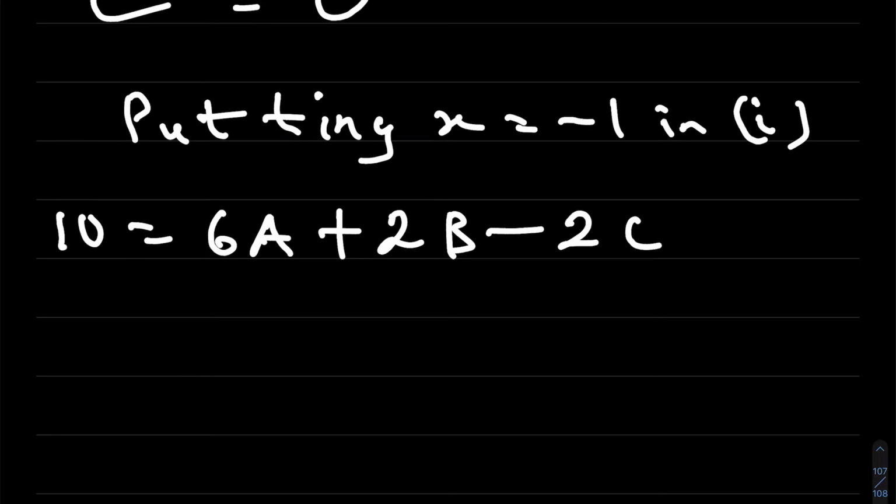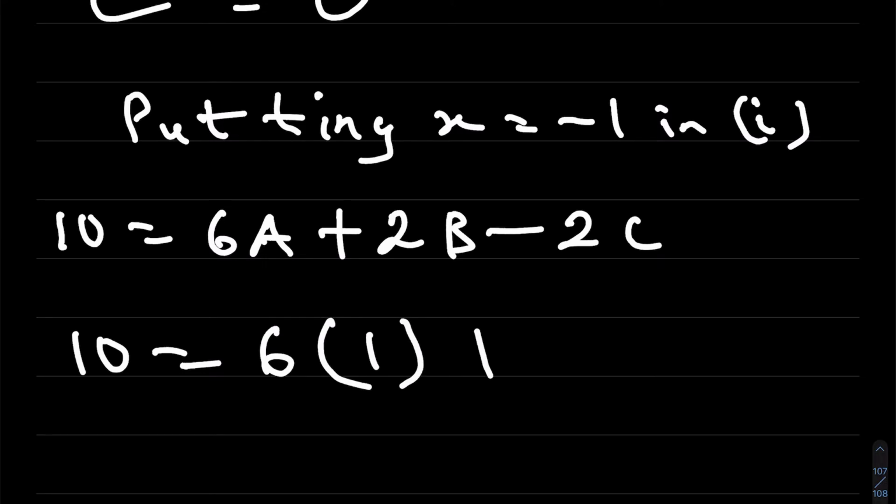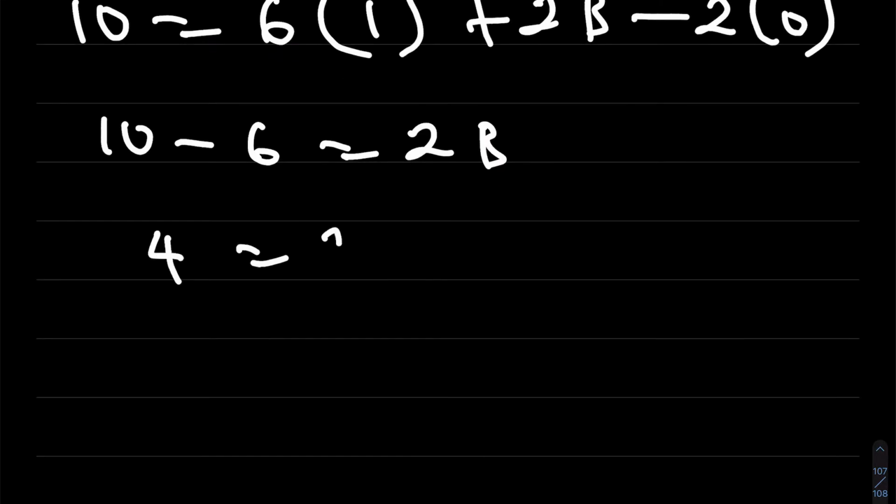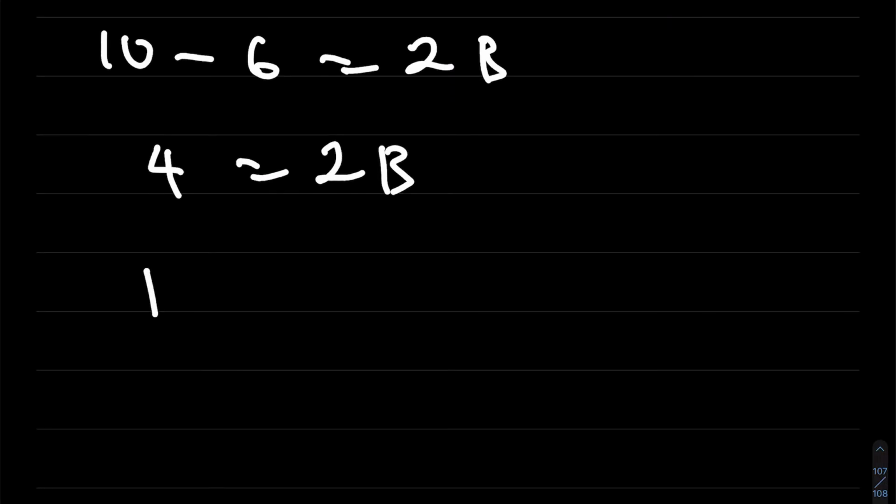Now this simply means 10 equals 6A, A is 1, plus 2B minus 2 times 0, which simply means 10 minus 6 equals 2B, and that means 4 equals 2B, which means B equals 2.